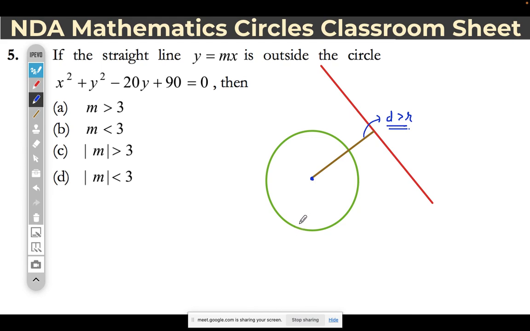Option D, delta. So we say the center of this circle is 0 comma 10, right or not? And its radius is root 10.